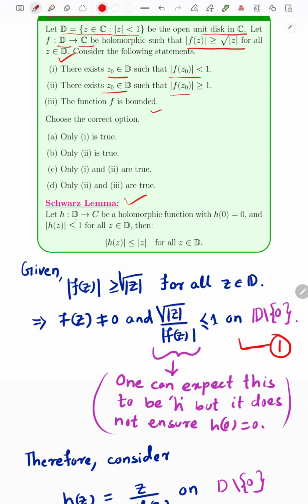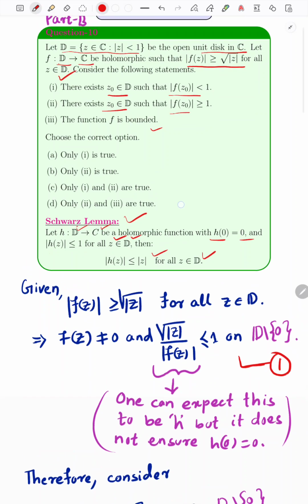If h is a holomorphic function from the open unit disk D to C, with h(0) = 0 and |h(z)| ≤ 1 for all z in D, then |h(z)| ≤ |z| for all z in D. This is the statement of the Schwarz lemma, and it will be used.